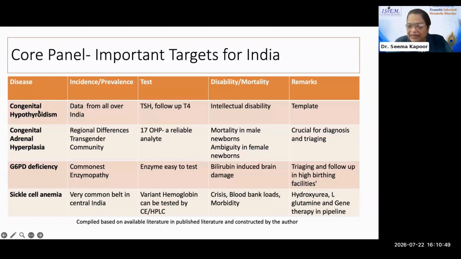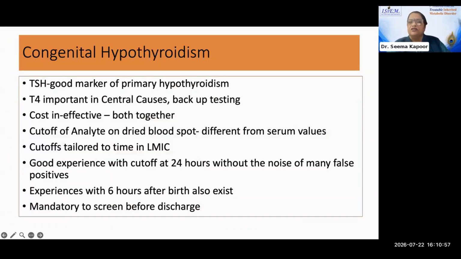These include congenital hypothyroidism, congenital adrenal hyperplasia, G6PD, and sickle cell anemia. And I'm just going to take you through the first of them. So congenital hypothyroidism, most of us ask this question, why do we use TSH as a marker? Why not T4? T4 is actually what's going to act at the periphery.